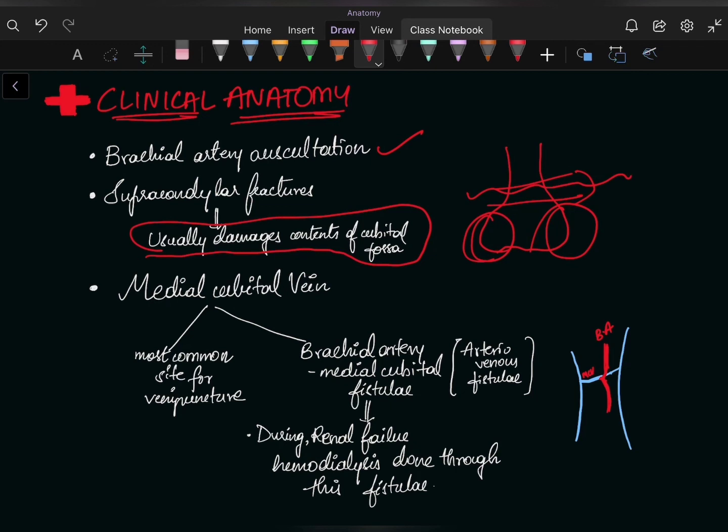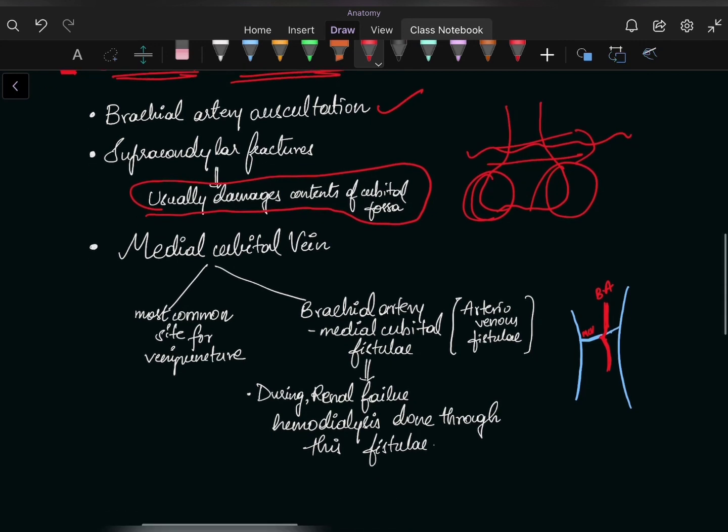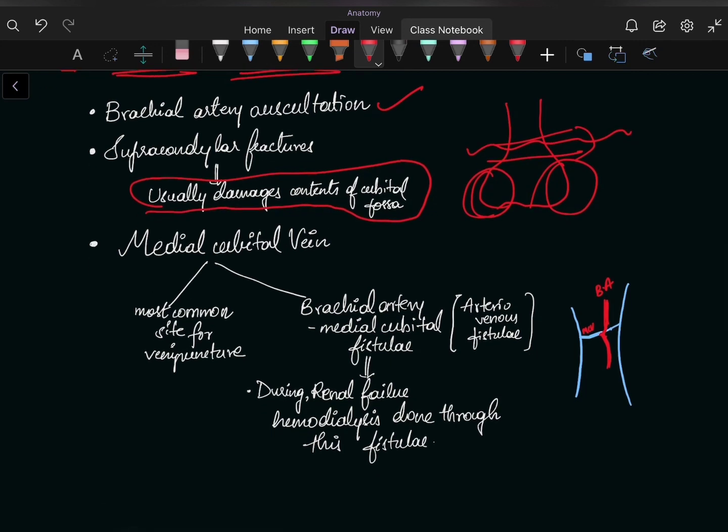The next thing, the medial cubital vein, one of the important contents of the cubital fossa. It is a common site for venipuncture. Another importance of the medial cubital vein is that a patient with renal failure usually undergoes hemodialysis. An arteriovenous fistula is made on the forearm between the brachial artery and the medial cubital vein.